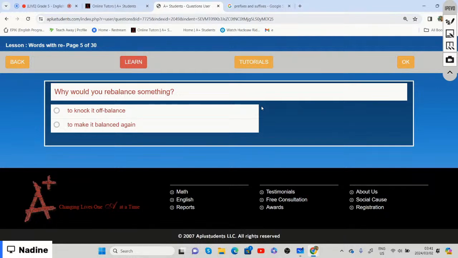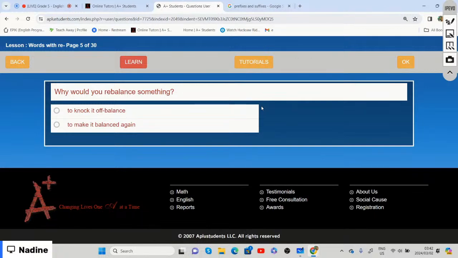Why would you rebalance something? So why would we rebalance something? Is it to knock it off balance or to make it balance again?